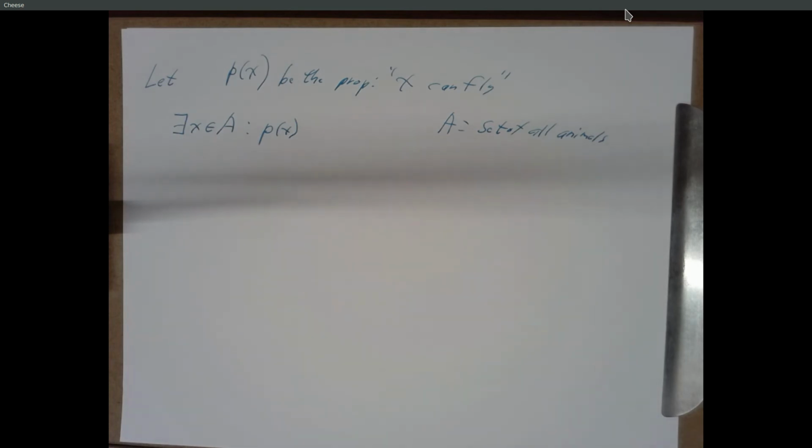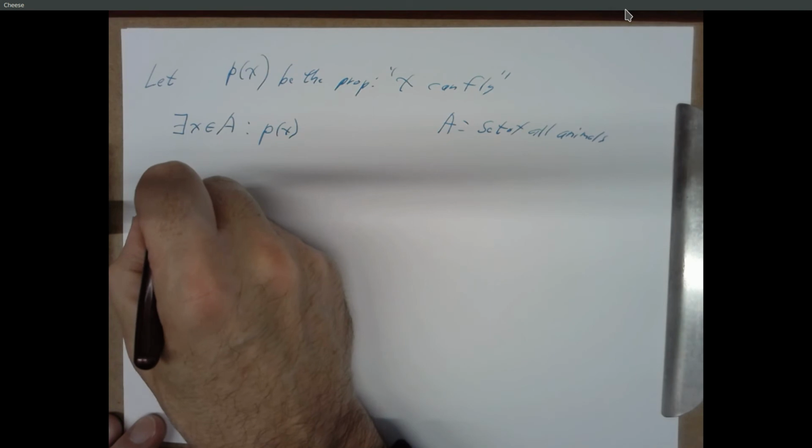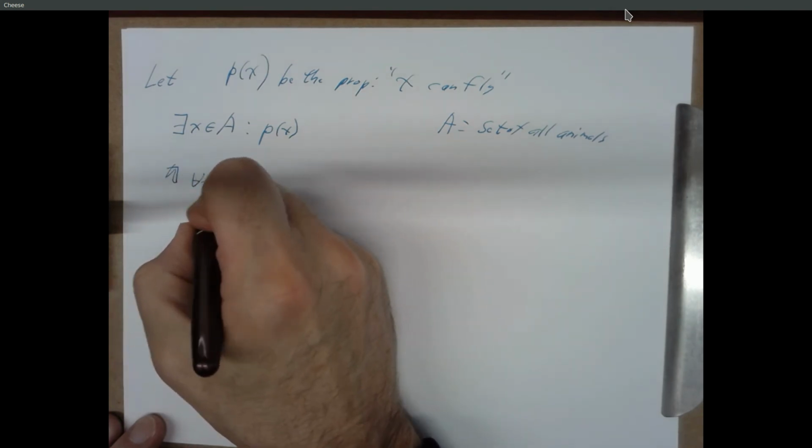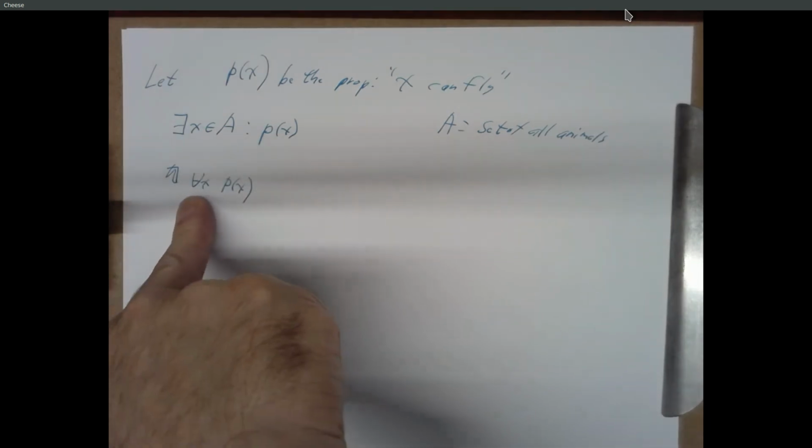As long as we consider birds to be animals, this is a true proposition. For all X, P of X would say for all animals, that animal can fly, and that is not a true proposition unless you take your cat and put it on an airplane and then your cat's flying. So existential quantifier and universal quantifier.